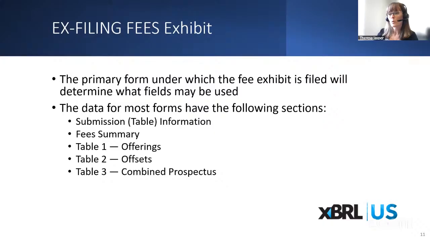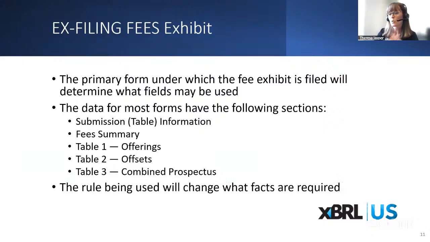The data for most forms have the following sections: submission table information, fee summary, Table 1 for the offerings, Table 2 for offsets, and Table 3 for combined prospectuses. The rule being used will change the facts that are required. Proxy and tender offer forms use the same structure with significantly less data, and Rule 424I has slightly different items.